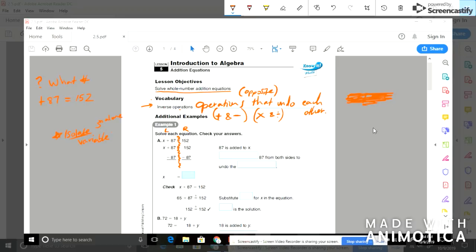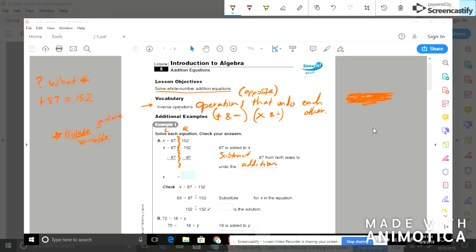What is the opposite of adding 87? Well, the opposite of adding is subtracting. So that goes in the box here. Subtract 87 from both sides to undo the addition.